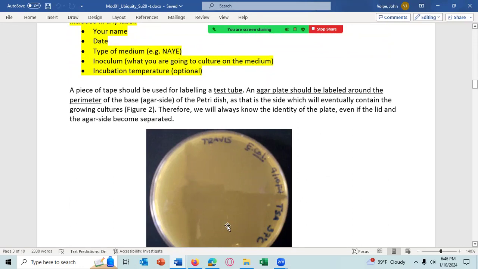We don't want to write in this area of the plate, because if you do, you won't be able to clearly view the organisms in the plate. So you move it off to the side. So that's the instructor's name. There's the name of what's growing on the plate. This is the date. This is the media. And then that's the temperature. Remember, the temperature that you grow it at is optional.